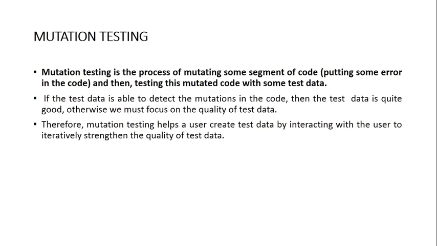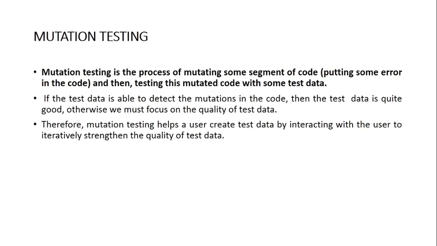One mutant will be that in c equals a plus b, I write c equals a plus a. This is a mutant, I have artificially induced a change. In the second one, I'll say d equals b minus b instead of b minus a. So this is how I am artificially making changes in my code. I am inducing errors.